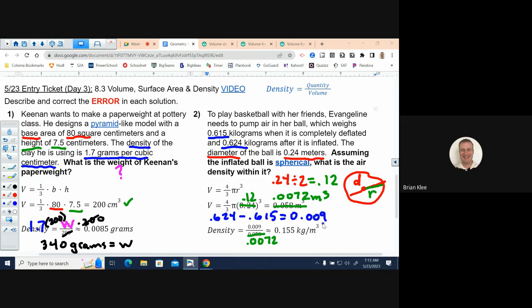That is our quantity, that is our mass in kilograms. And so the last part of this whole thing is take 0.009 and divide it by 0.0072, and it comes out to 1.25 kilograms per cubic meter. That is the density of the basketball.